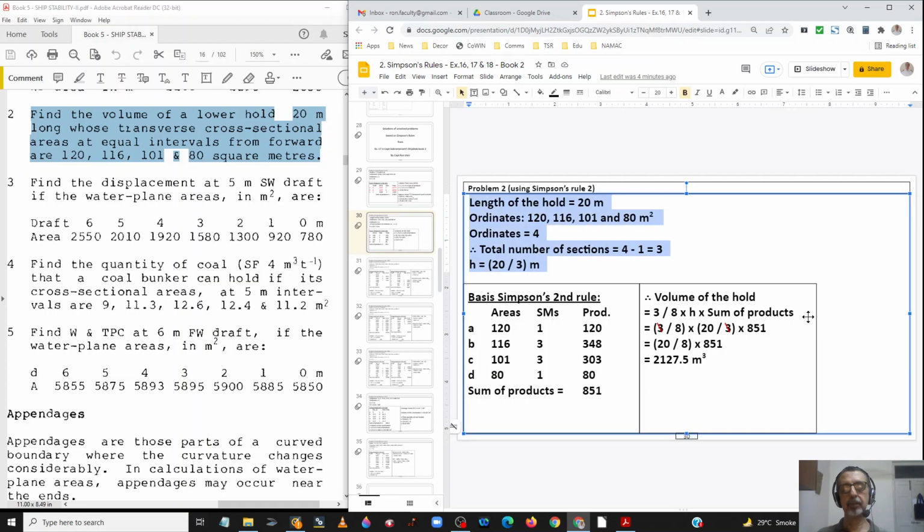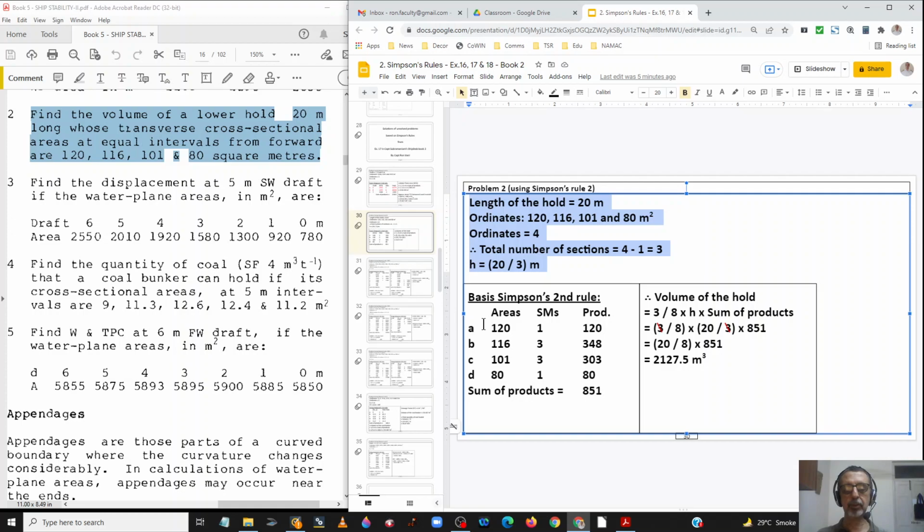Length of the hold equal to 20. 4 ordinates are given, 120, 116, 101 and 80. Therefore, the total number of sections are 4 minus 1 equal to 3. And the distance between each of the sections, intersection point, is 20 divided by 3 meters, which if you work it out, works out to 6.667 meters.